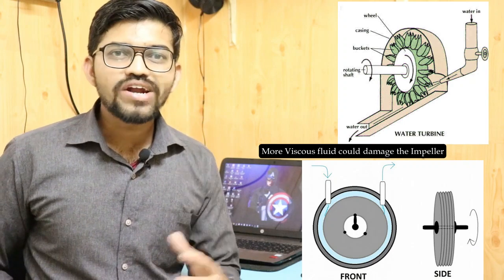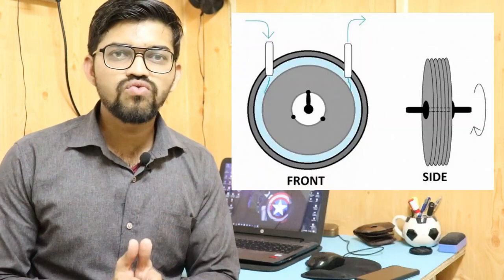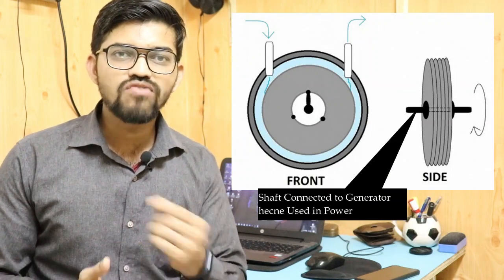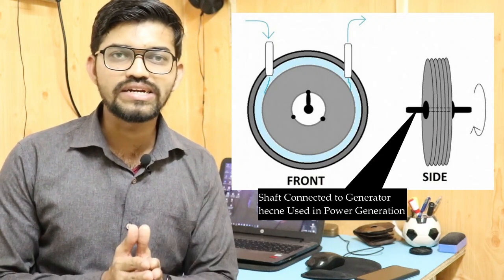Now let's talk about what kind of applications we have over here. The first application is power generation. We can produce power. The shaft of this turbine gets connected to the generator, so it produces electricity.